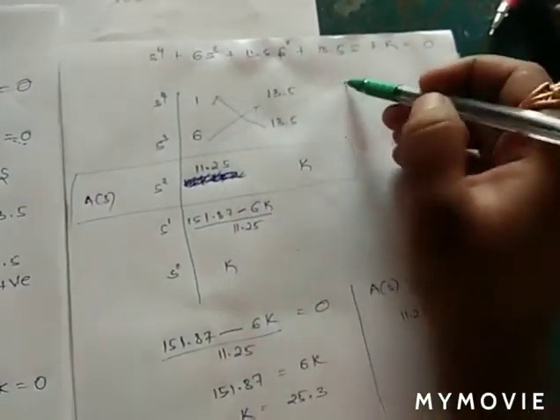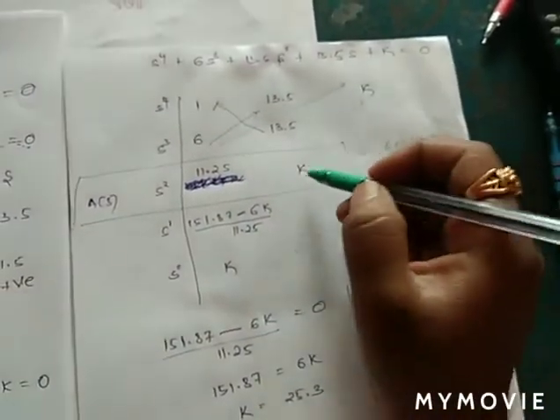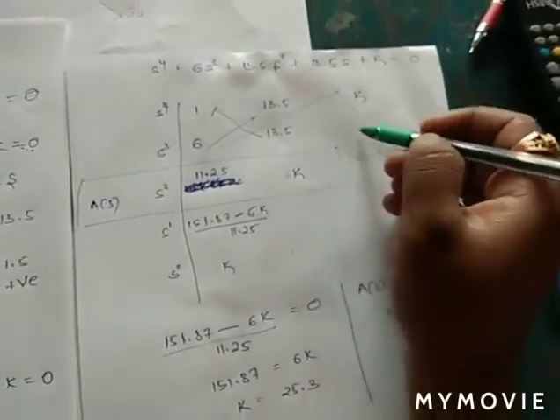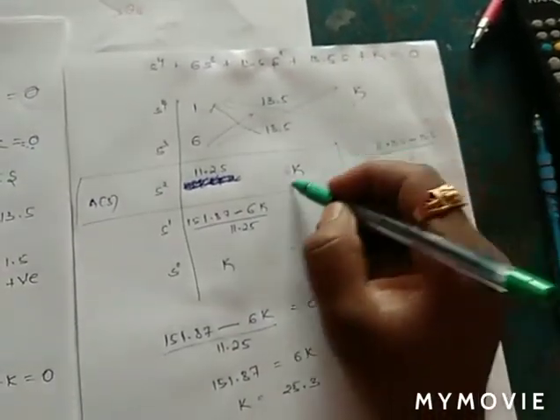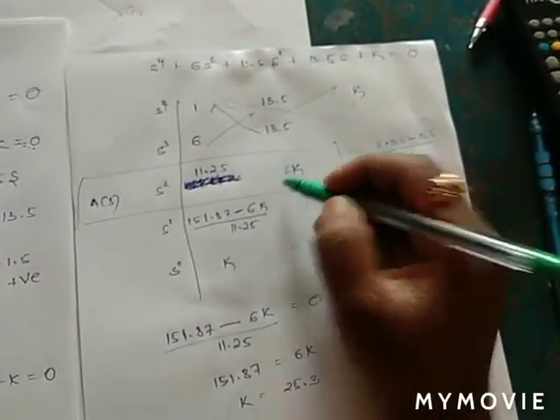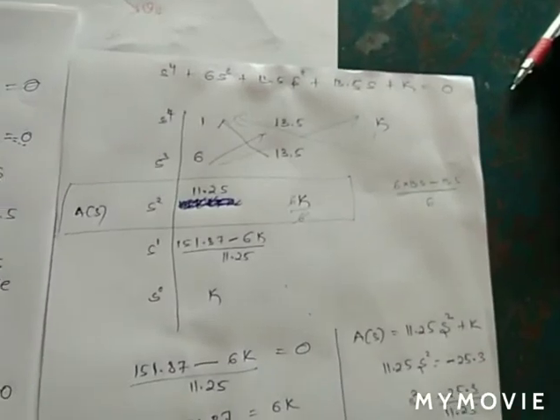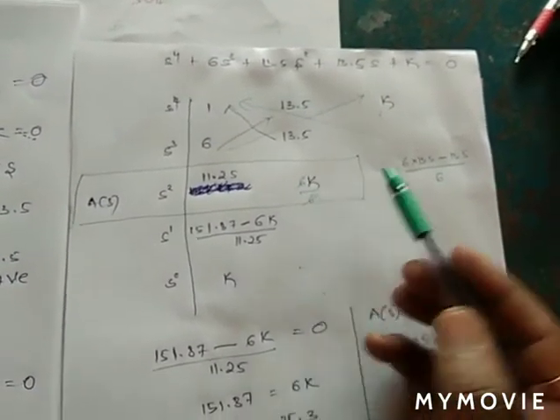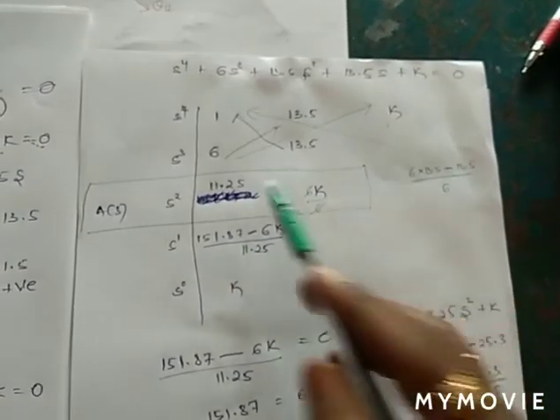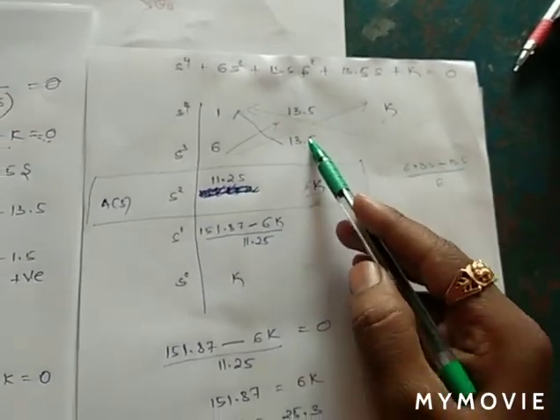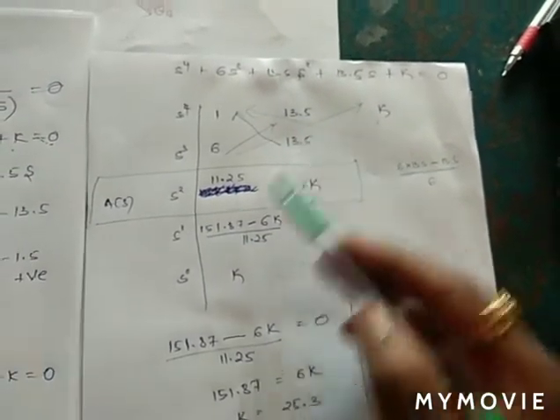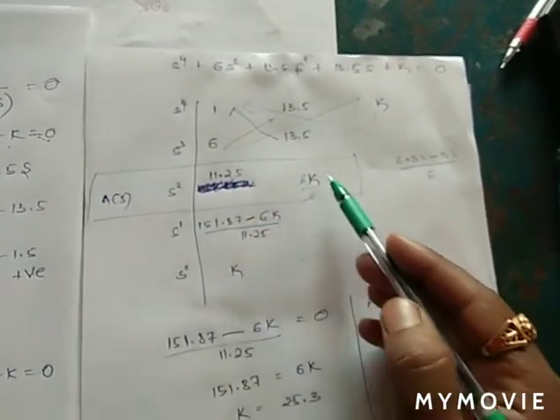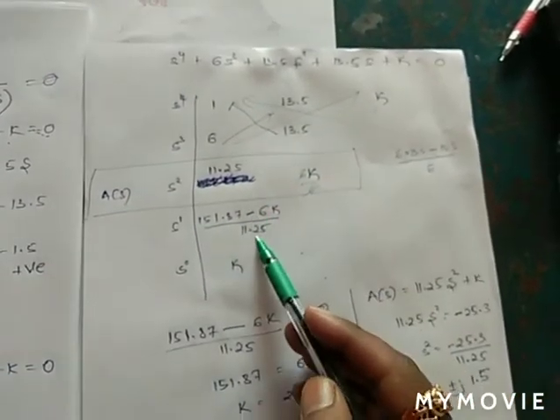Again, 6 into K, 6K minus 0 divided by 6. So 6 will get cancelled, and only K will remain. Similarly, 11.25 into 13.5, you will get 115.87 minus 6K divided by 11.25.